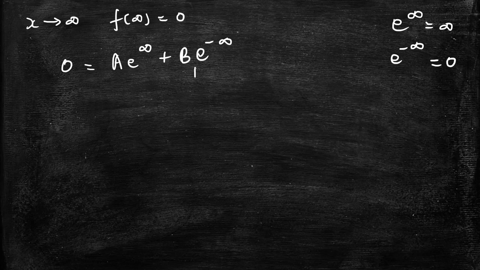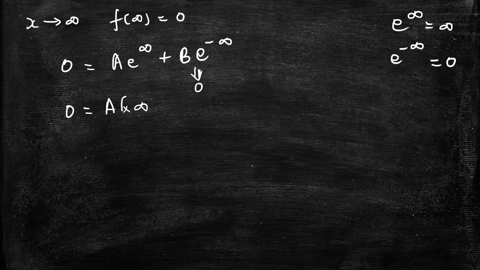Okay, so this term will vanish and this term will be a into infinity. Can you say that any term can exist when it is multiplied by infinity? So a into infinity will be some higher value, right? So we should not have that a into infinity term over here.